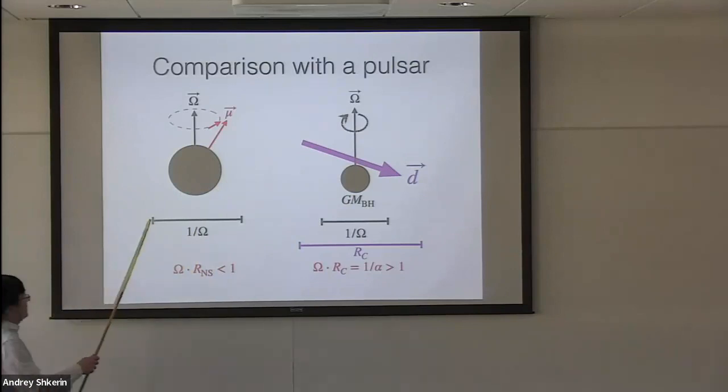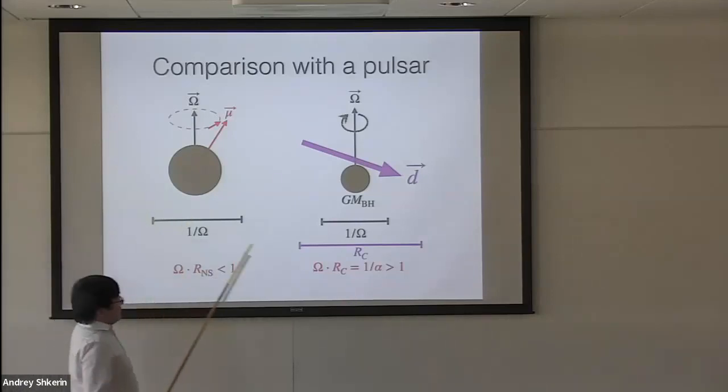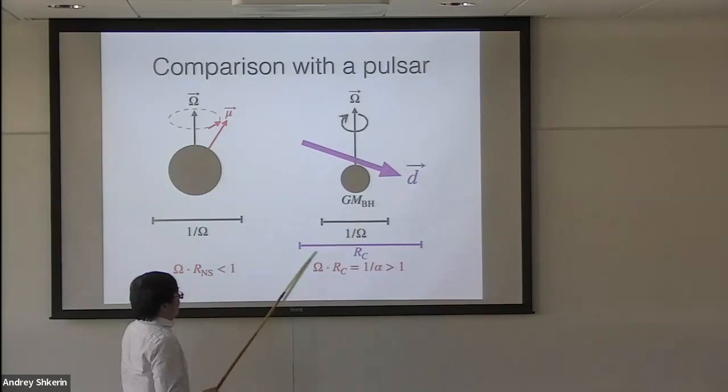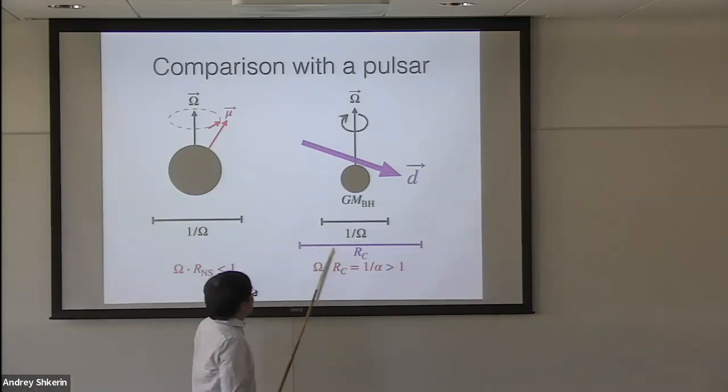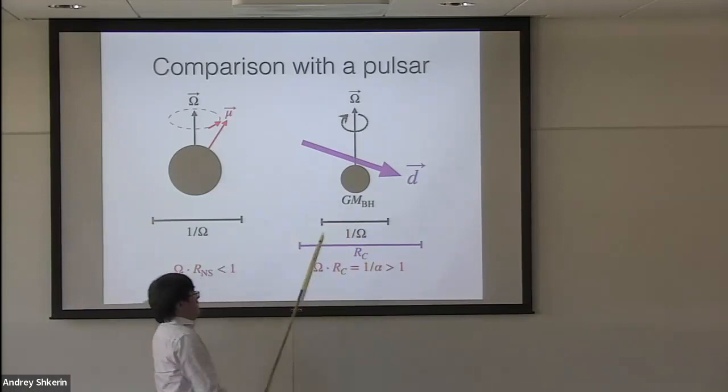As a result, the light cylinder is bigger than the size of the neutron star, whereas the magnetic dipole moment is too. In our case, it's the opposite, because the size of the cloud is actually bigger than 1 over mu, which is equal to 1 over omega, when the superradiance condition saturates. So the electric dipole is actually bigger than the light cylinder.